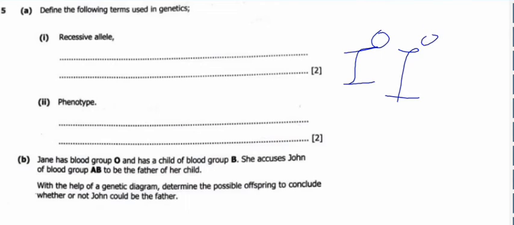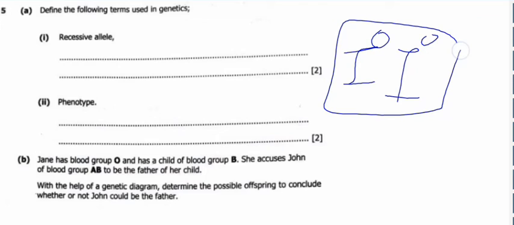Blood groups are represented by alleles, which is capital letter I. So this is how you represent blood group O. When you say homozygous recessive, homo means same, so you're going to have the same O here, and recessive means the allele which is overshadowed. Blood group O is the universal donor, so it can donate to any blood group.